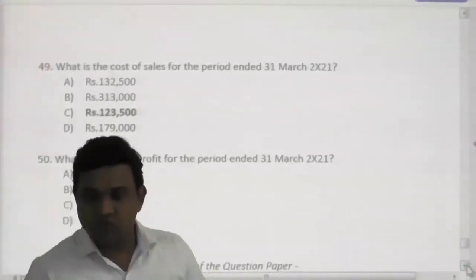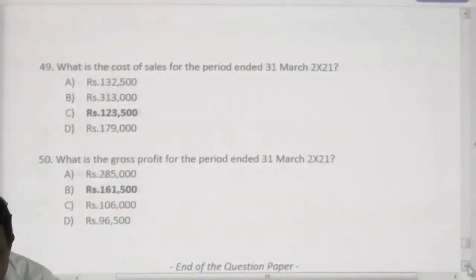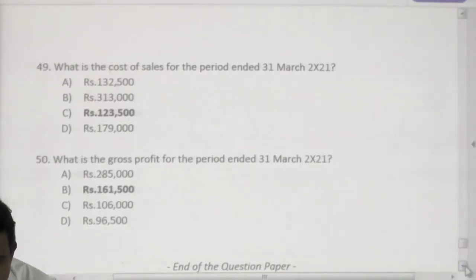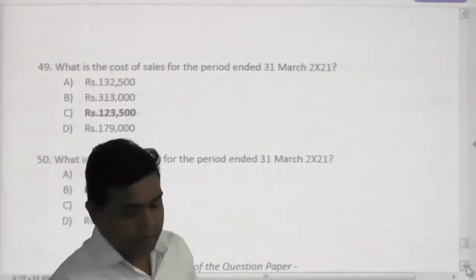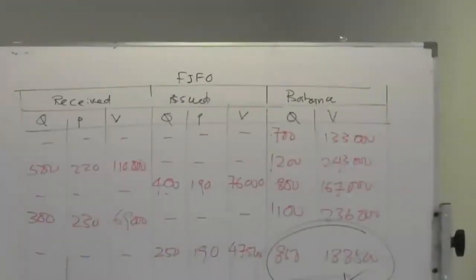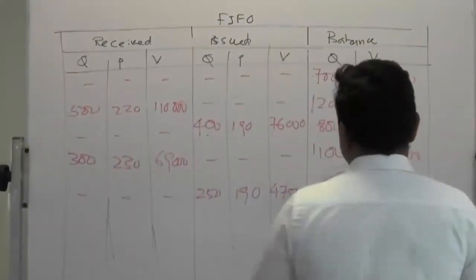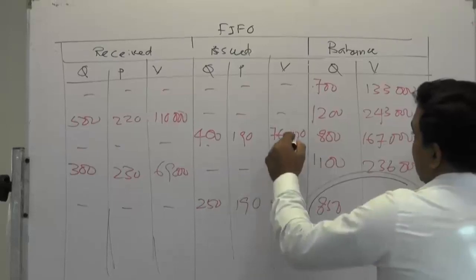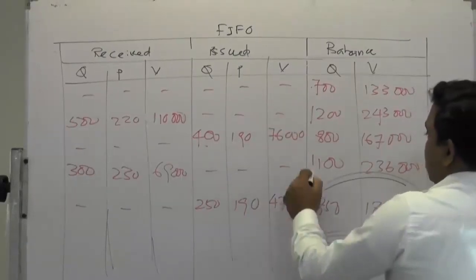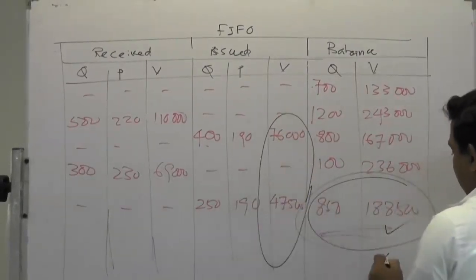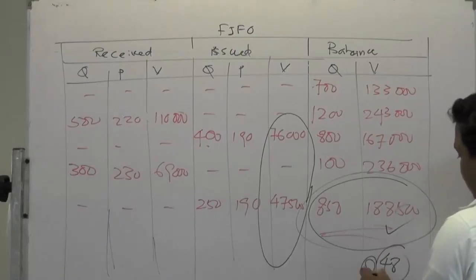Now question 49. What is the cost of sales for the period? Cost of sale for the period means the cost of the items issued. This is for question 48.